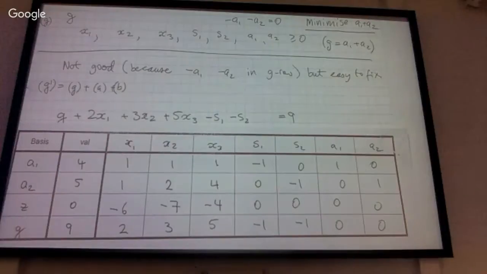What's the pivot step? Is the table optimal? No. Why not?